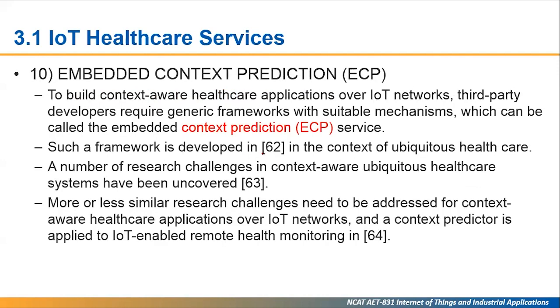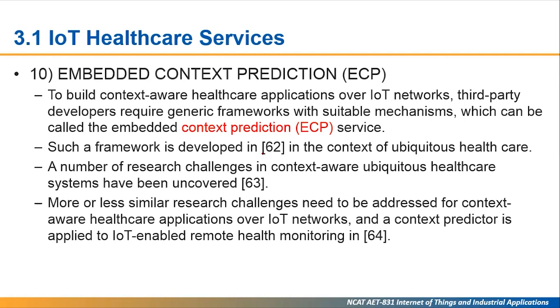The next service is the Embedded Context Prediction. To build context-aware healthcare applications over IoT networks, third-party developers require a generative framework with suitable mechanisms, which can be called the Embedded Context Prediction Services. Such a framework is developed in the literature in the context of ubiquitous healthcare.